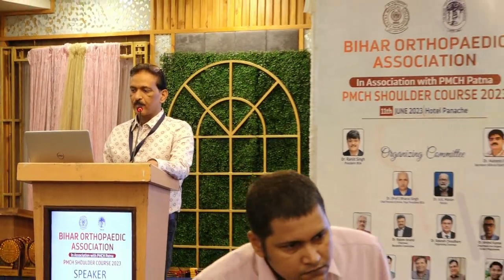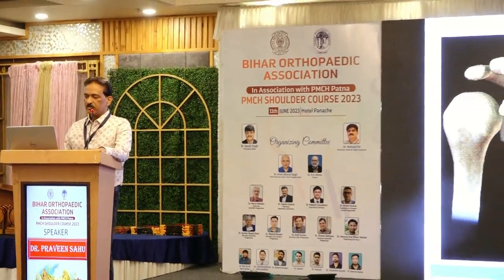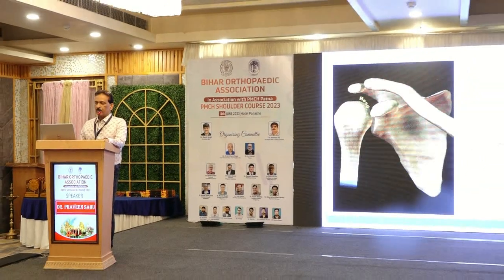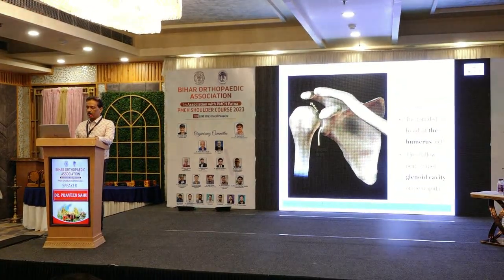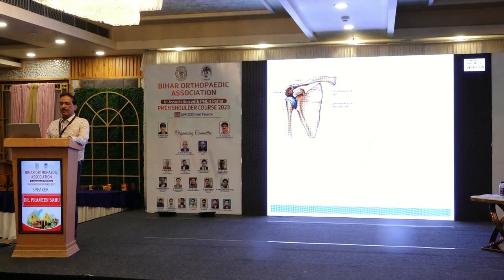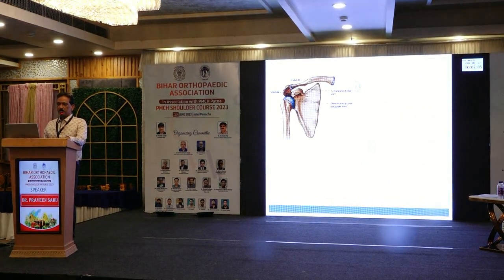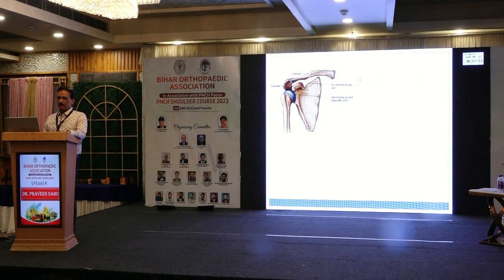The shoulder girdle is composed of the scapula, clavicle and the proximal end of the humerus. The articulation is between the rounded head of the humerus and the shallow pear-shaped glenoid cavity of the scapula, and this forms the shoulder girdle complete.